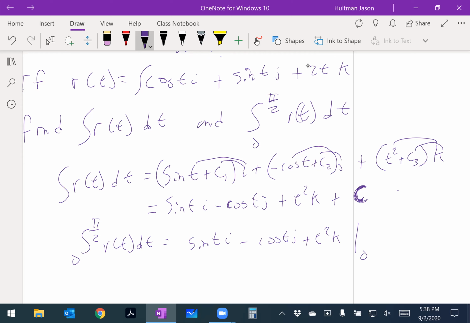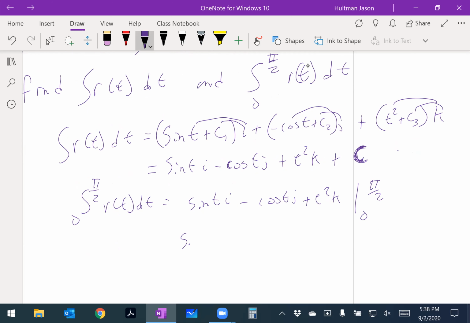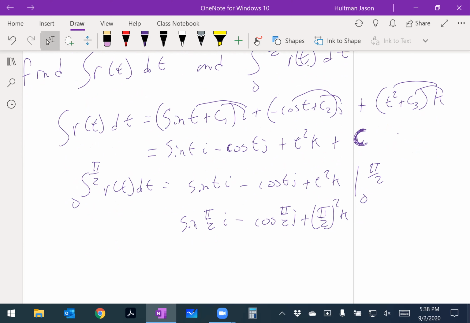So we're going from 0 to pi over 2: sine of pi over 2 i minus cosine of pi over 2 j plus pi over 2 squared k. What's the sine of pi over 2? 1.